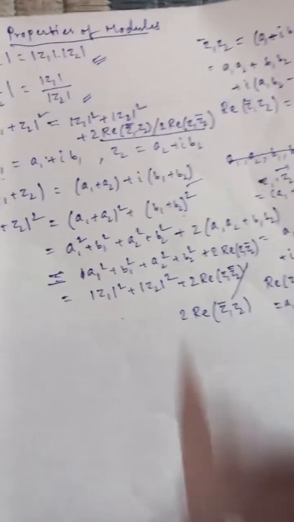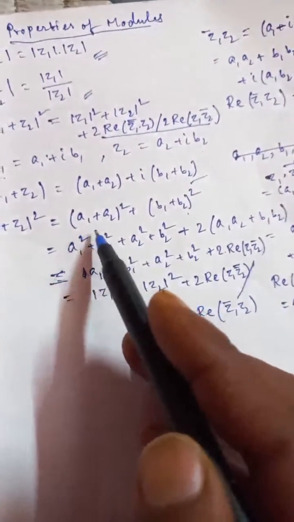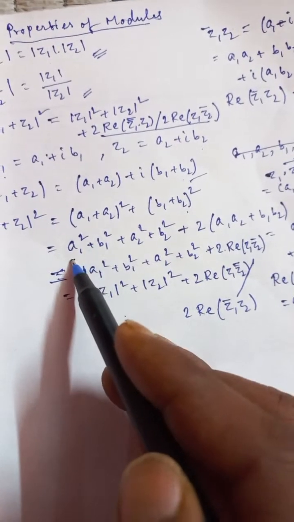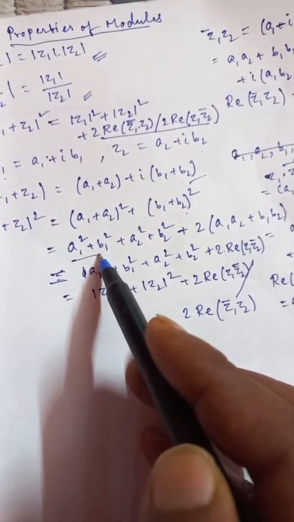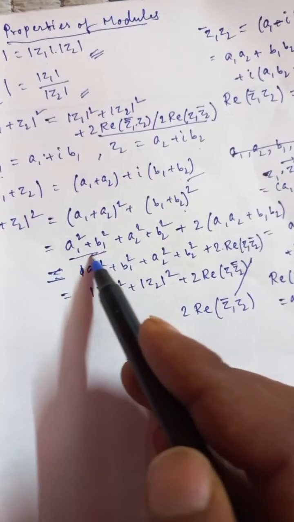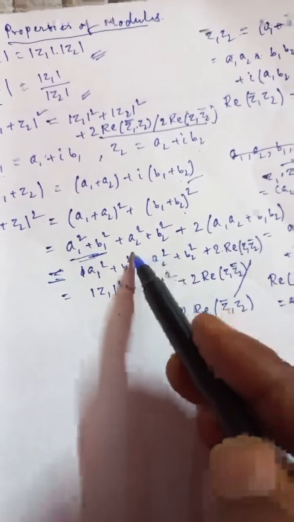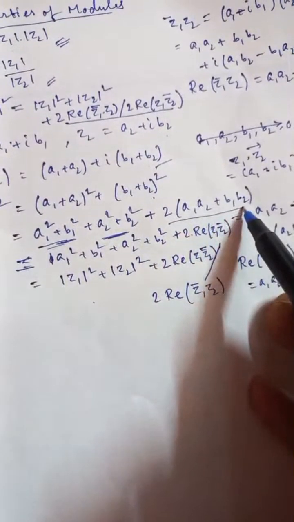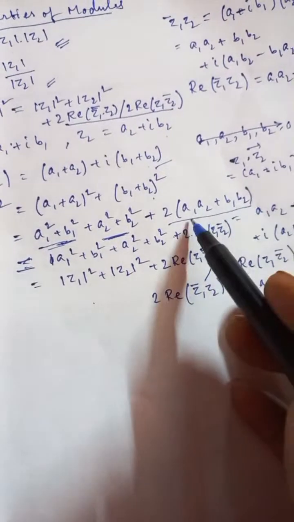So if we go through the formulas and rearrange this, then it will become a1 whole square plus b1 whole square, a2 whole square plus b2 whole square, and last it will come 2 into a1 a2 plus b1 b2.